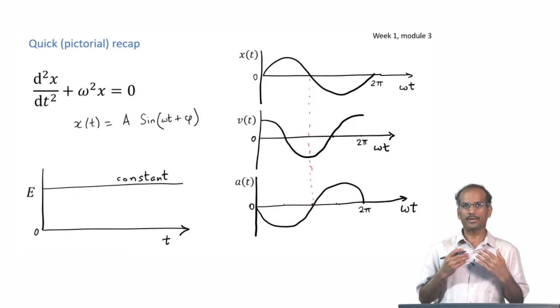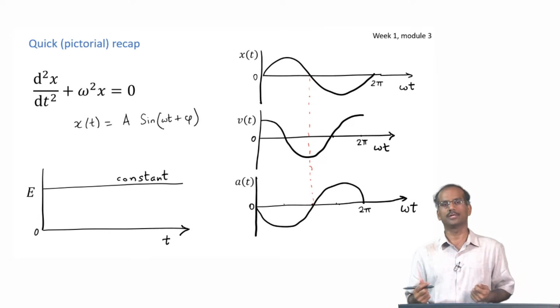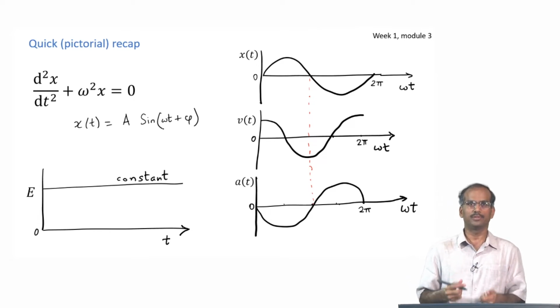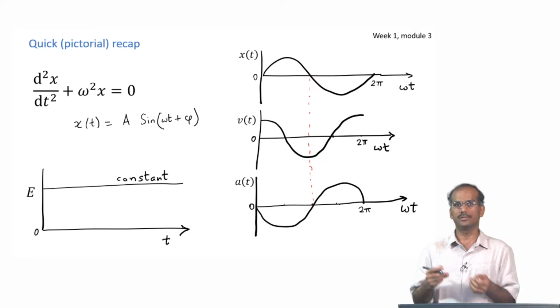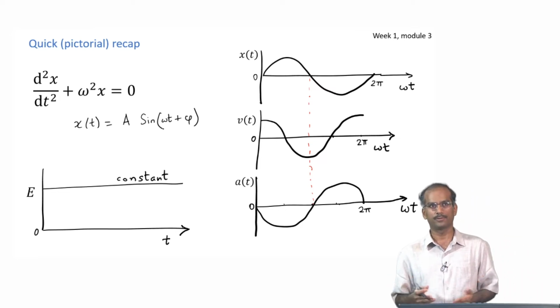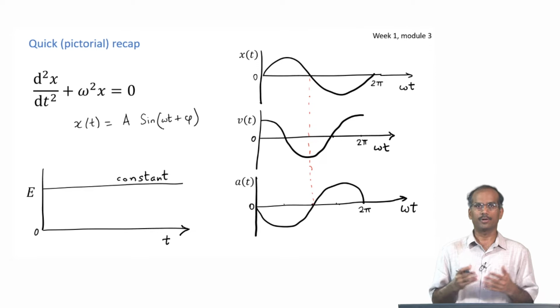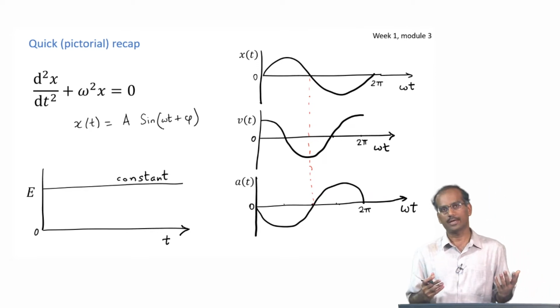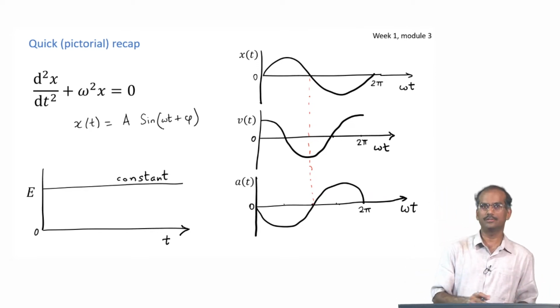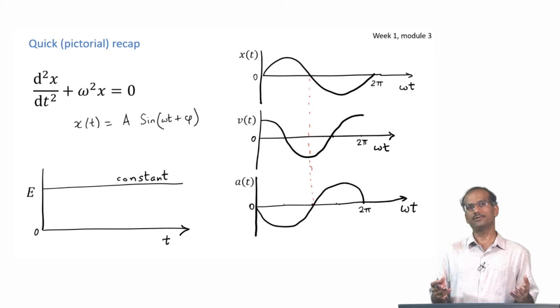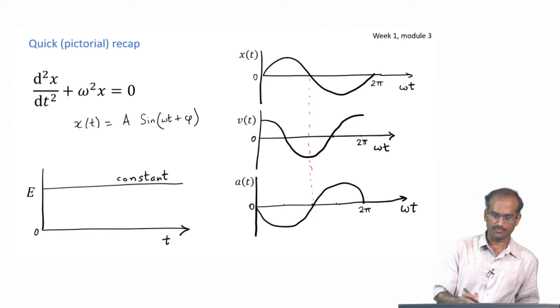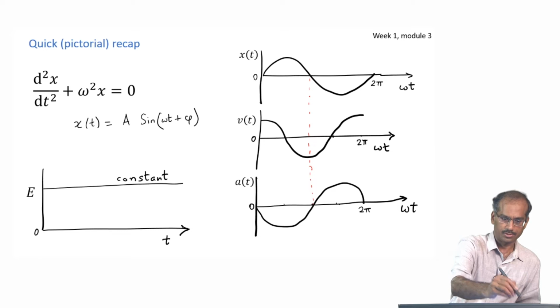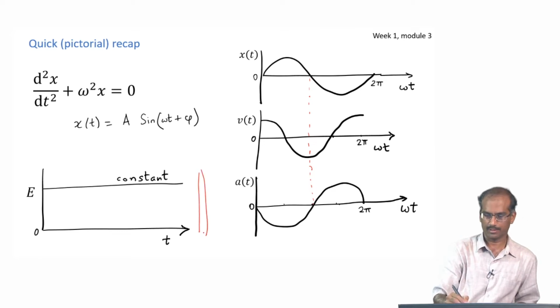When you calculate the kinetic and potential energies individually, each of these components is a function of time, so they vary with time, but quite miraculously they vary in such a way that the total energy is a constant. If I were to sketch the total energy as a function of time, this is what I will get.